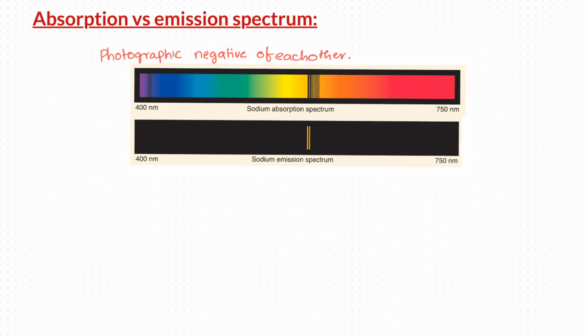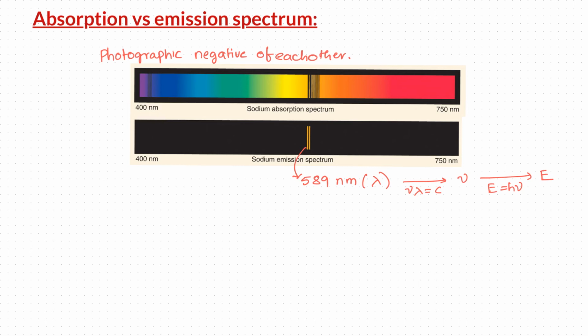Each of these lines on the spectrum represents a certain wavelength. For example, the bright line on the left is 589 nanometers. Since it is an electromagnetic radiation, we should be able to calculate its frequency from the formula frequency times wavelength is equal to c. And then we should be able to calculate the energy of the photon represented by this frequency.